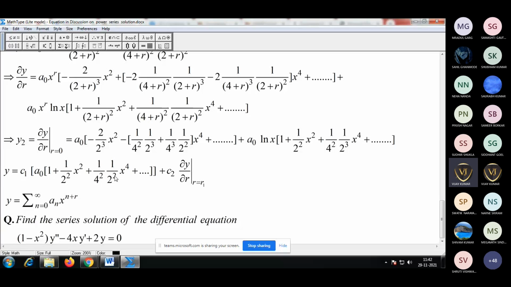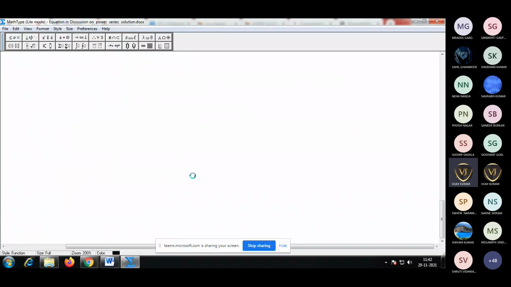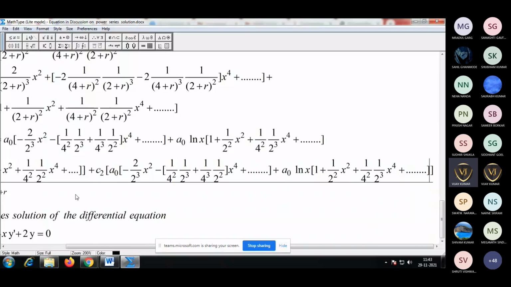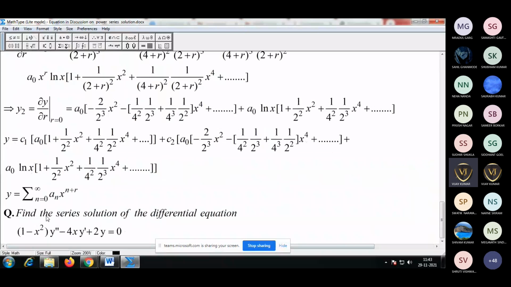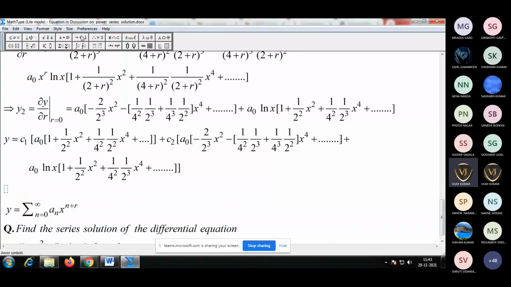Then plus C2, it has been evaluated, it is coming like this one. You may check this. Some terms are going to be combined; this term is the same somewhere else, and the inner part can be taken common.